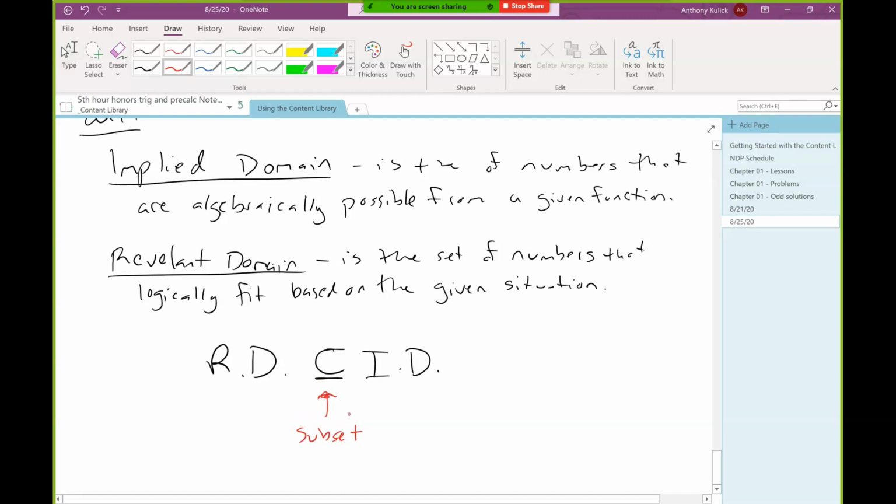And basically what this is saying is that everything in the relevant domain is also in the implied domain, but you could have things in the implied domain that are not in the relevant domain. So the implied domain is bigger, possibly a little bit more, but it doesn't have to. They could still be the same size.